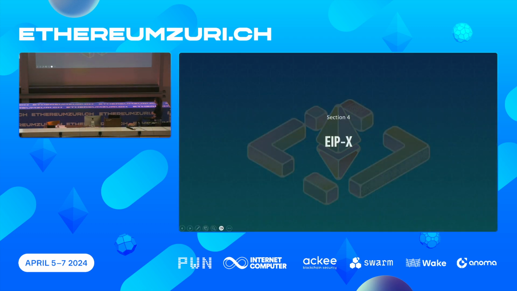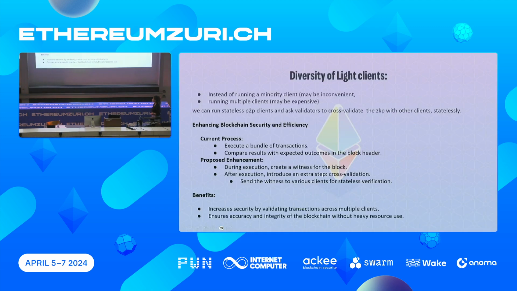Now it comes time to explain EIP-X, which is a proposal of mine under the supervision of Guillaume Ballet, the lead of Verkle tries, and Piper Merriam, the lead of Portal Network. We thought that this can at least be more production ready than Verkle tries in the meantime. As I said, there is a diversity of light clients.